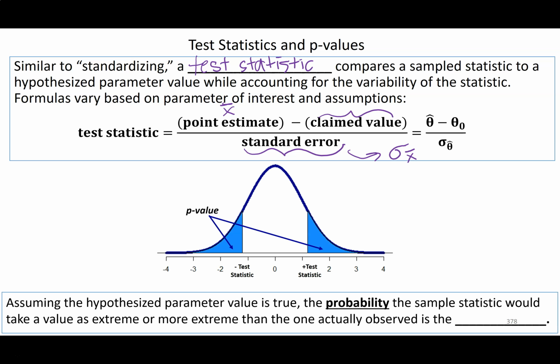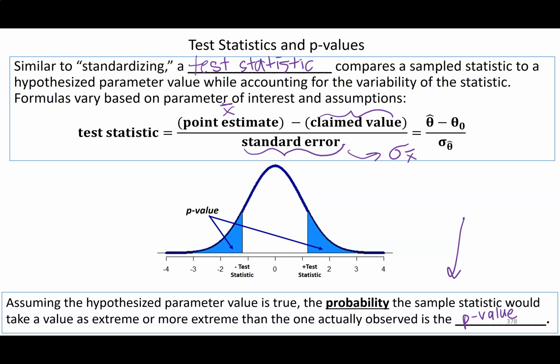So here, we want to know, assuming that the null hypothesis is true, and the mean really is whatever claimed value, at least for this week and next week, we want to know the probability that we would have seen what we observed in the sample or something more extreme. So this is my p-value. The p-value is saying, hey, let's assume the null is true.